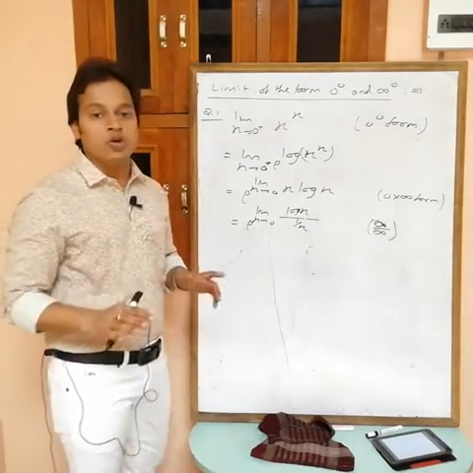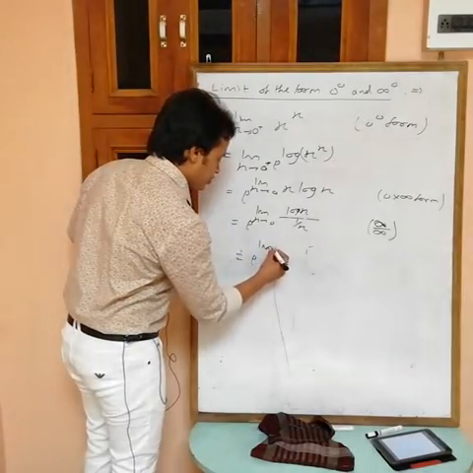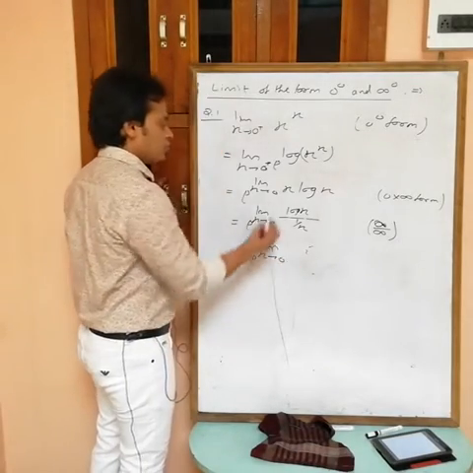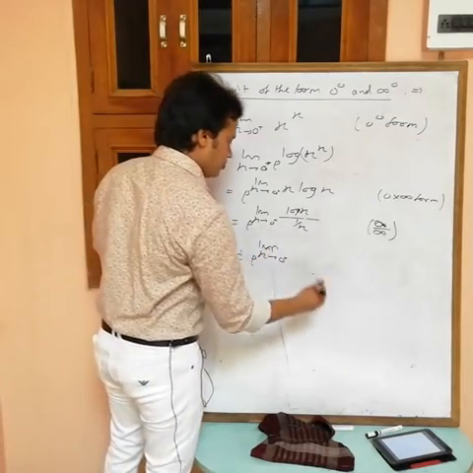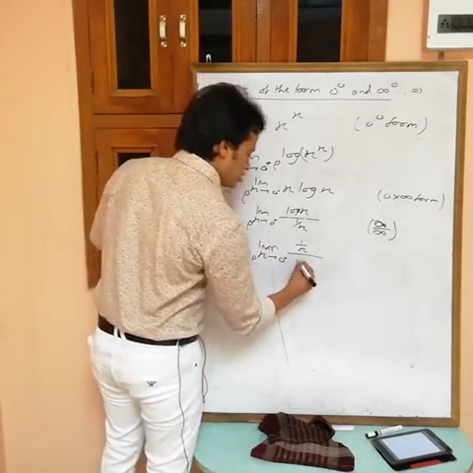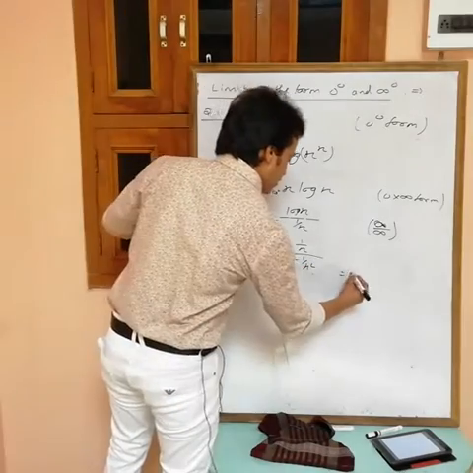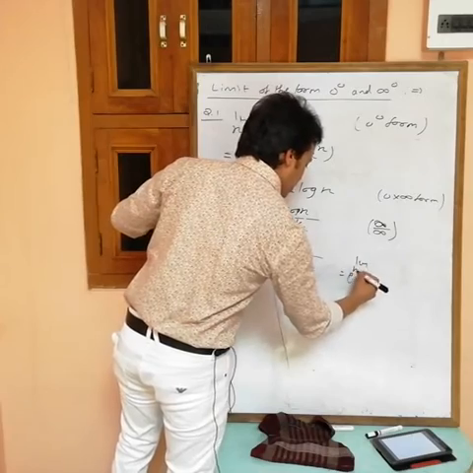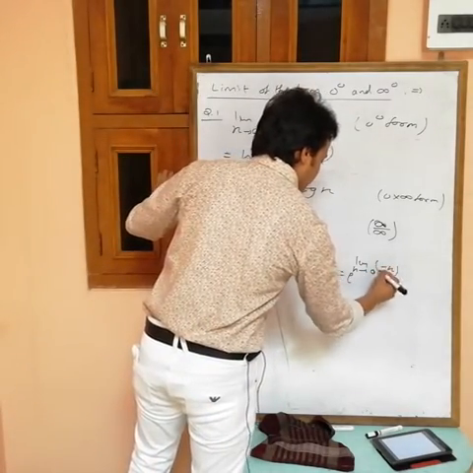Then I can use L'Hopital. Differentiate e power limit x tending to 0 plus. The differentiation of log x is 1 by x, and the differentiation of 1 by x is minus 1 by x square. Now what are we getting? We are getting e power limit x tending to 0, 1 x cancels out, then we are getting minus x.